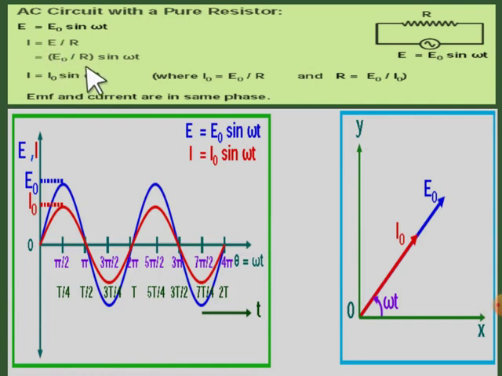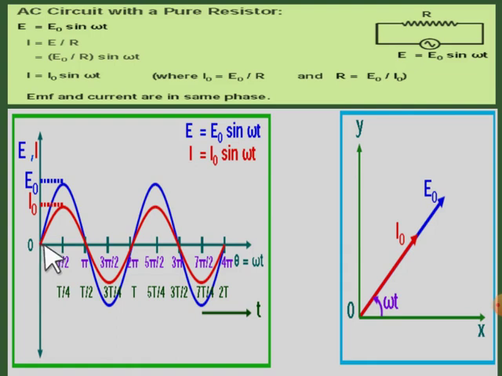Now if you draw the sinusoidal waveform of E equal to E naught sine omega t and I equal to I naught sine omega t, then the red graph is for the instantaneous current and the blue graph is for the instantaneous EMF. So when both the instantaneous EMF and current are in phase, what happens when they are at a point, at the origin, let's take it.